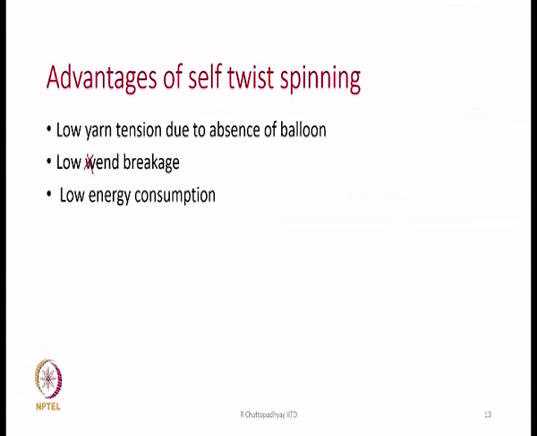Therefore, the overall energy consumption is much less, and it also has low noise. Most of the noise in ring spinning is because of the rotation of the balloon. Low space requirement. So, these are some of the advantages.